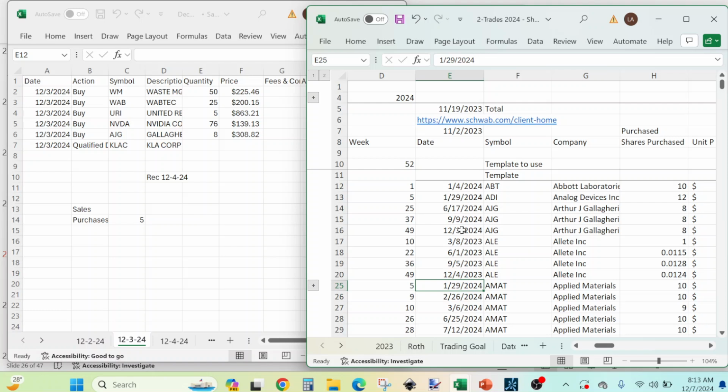We bought one VRTS on the 4th. We have December 4th there as well.